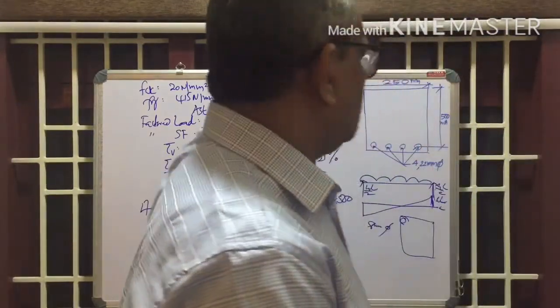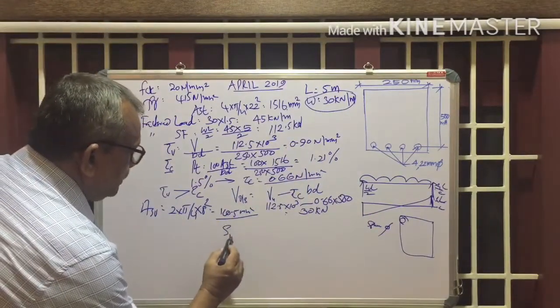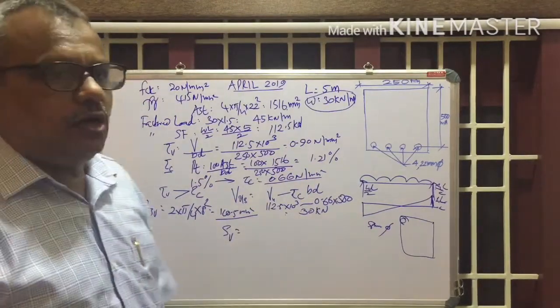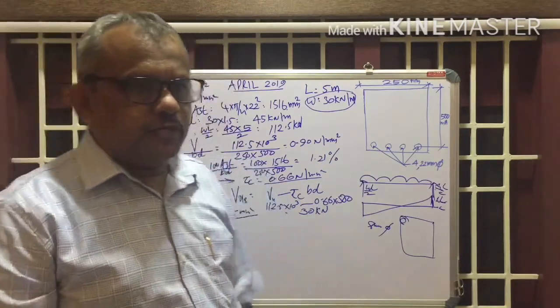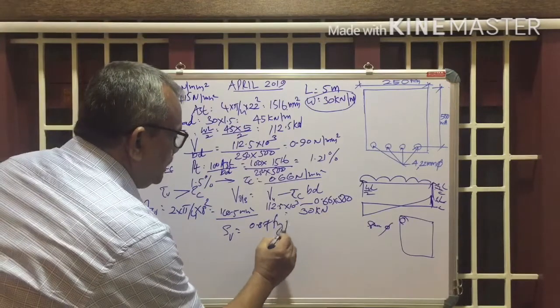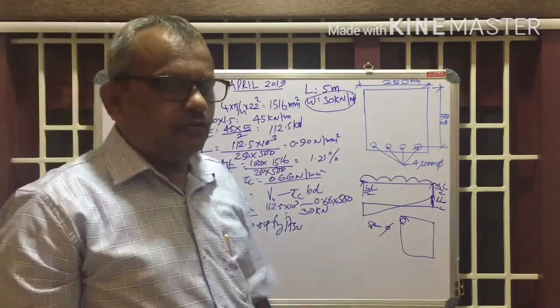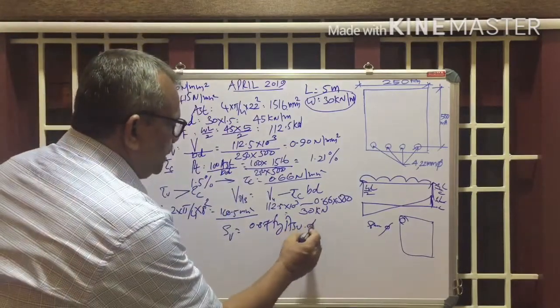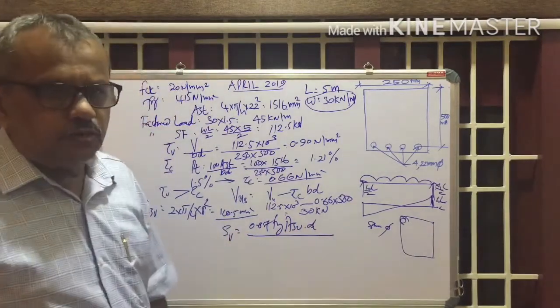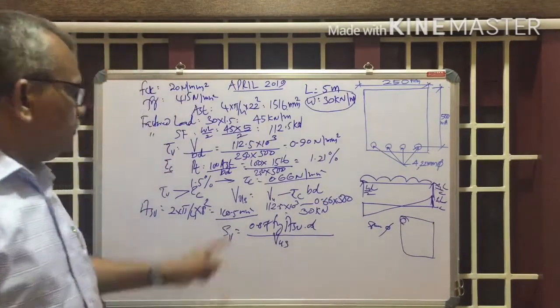Now we can find out the spacing as in the previous case, using the formula for SV, the spacing of shear reinforcement. What is the formula? SV is equal to 0.87 Fy into ASV into D divided by VUS. VUS we already got.